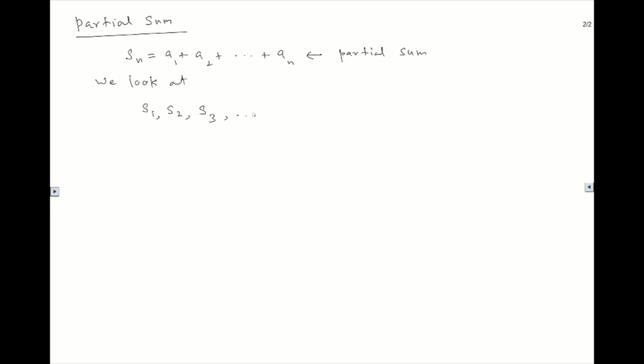S1, S2, S3, like that, so this is Sn, the nth term. So this is just a sequence. If this sequence converges, we say the corresponding series converges. Very simple idea. This is completely related to sequences.